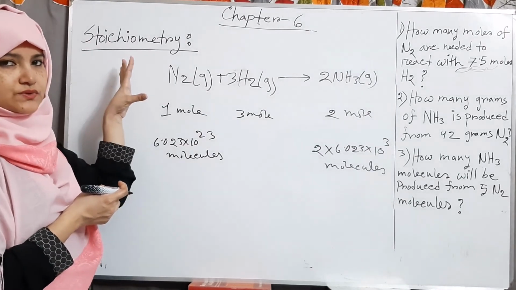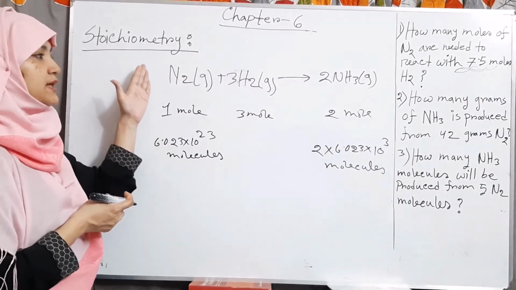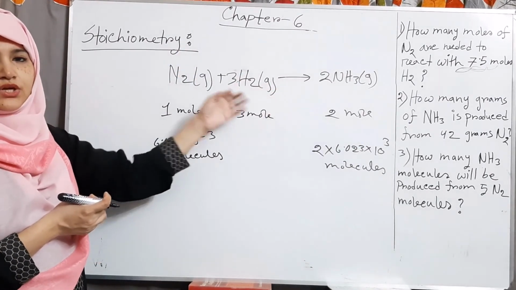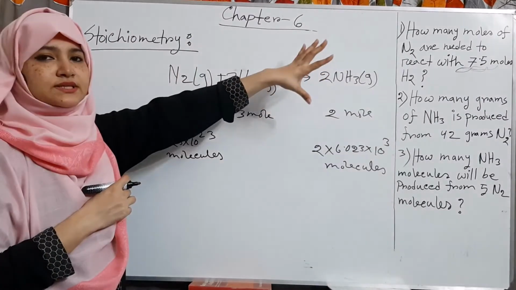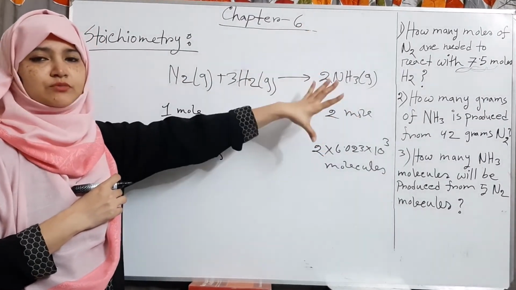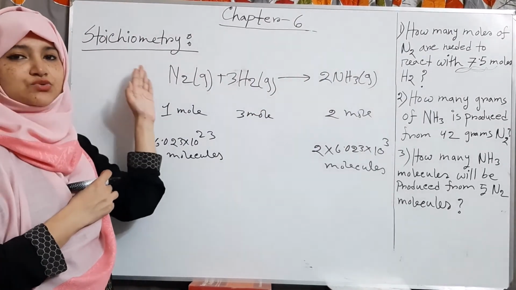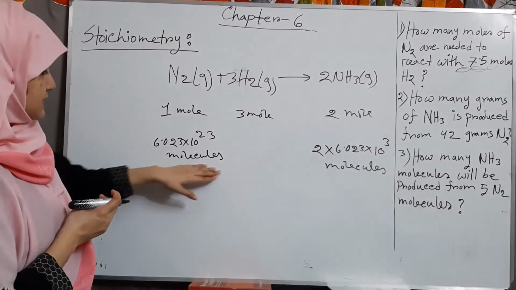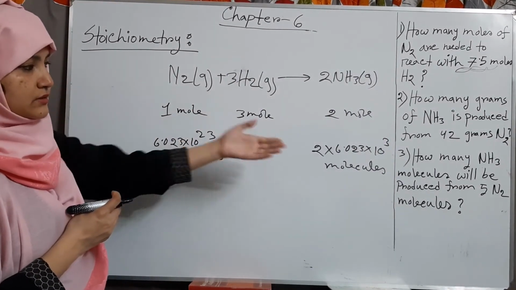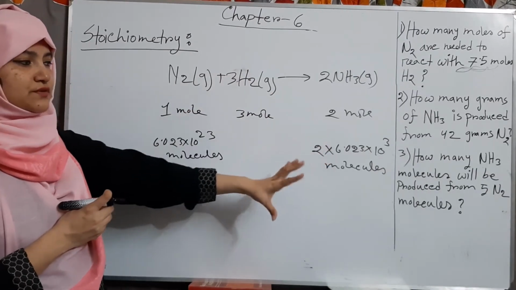For this stoichiometry, of course, we have to start with balancing the equation. For doing these types of stoichiometry-based problems, we have to start with balancing the equation. And now we can easily calculate the number of molecules of ammonia.